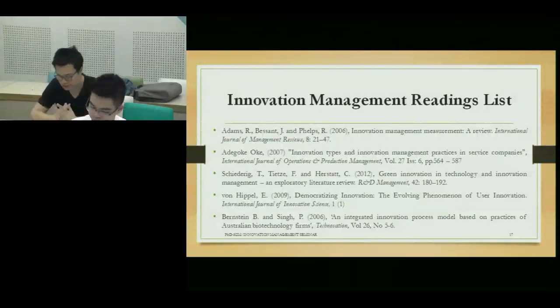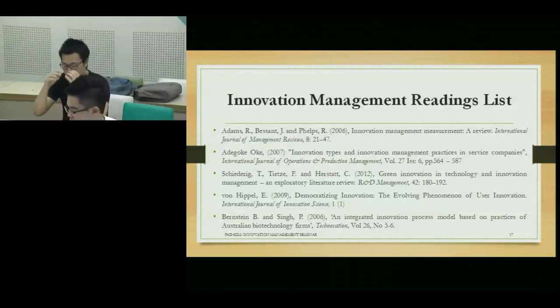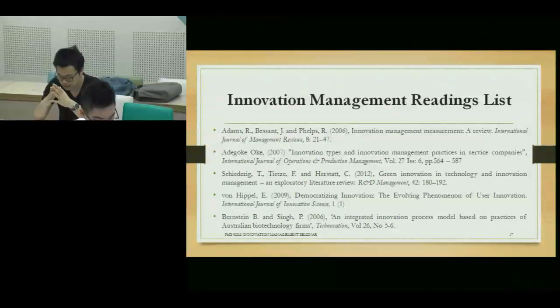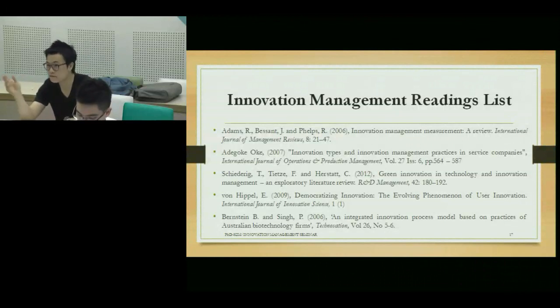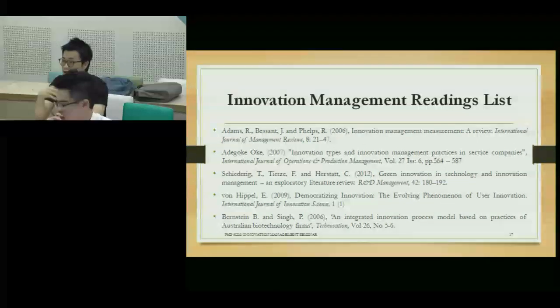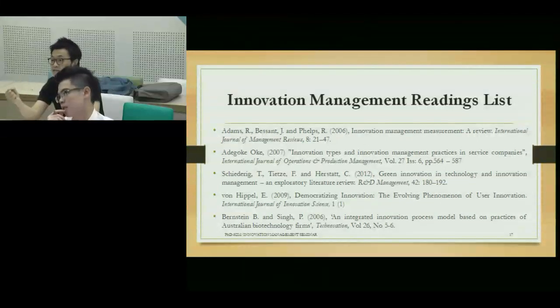So my first point is they talk about the degree of innovation linked to product innovation and service innovation, and they try to measure which degree can create the high performance of the innovation.